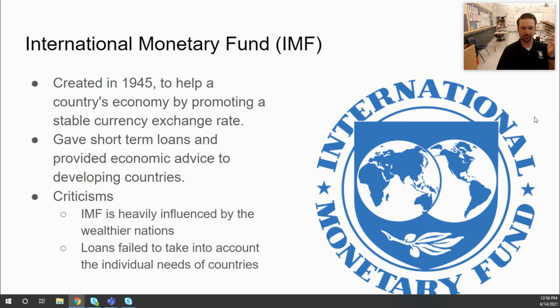But the criticism of that was that it was too heavily influenced by wealthier nations, which would use the IMF to benefit themselves more than these local countries. Another criticism, they didn't do enough to take into account the individual needs of these countries rather than just what the needs were of the general world itself.